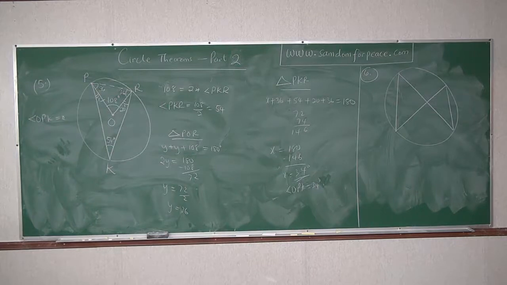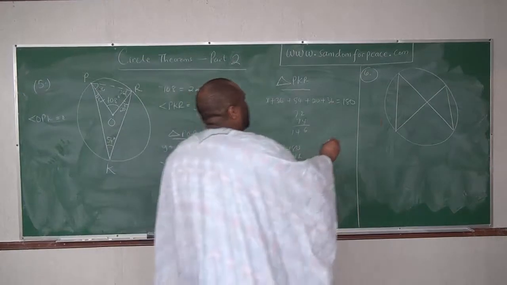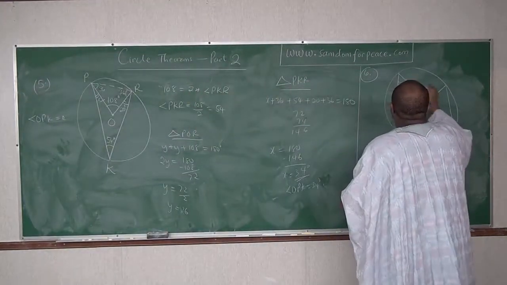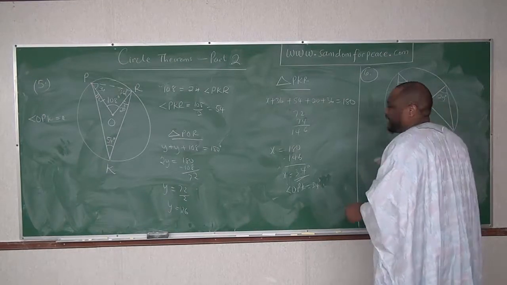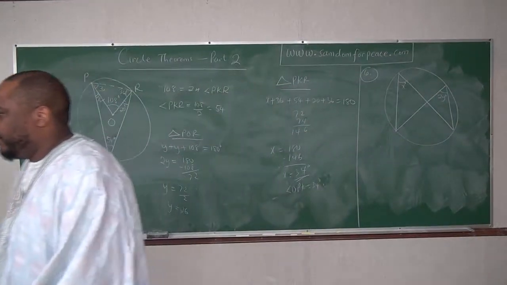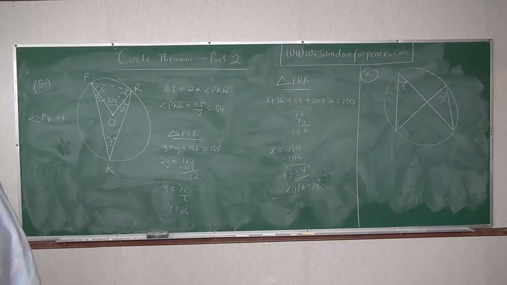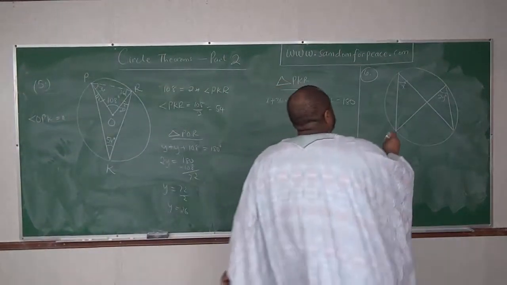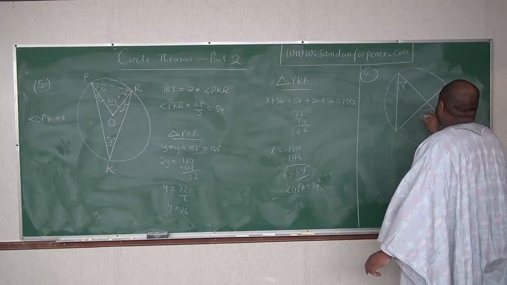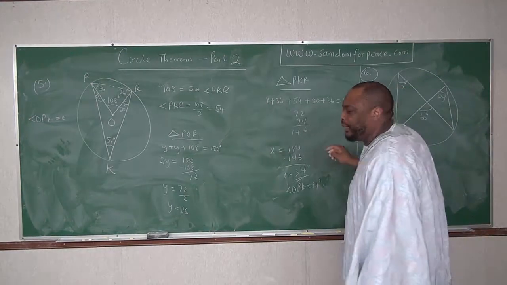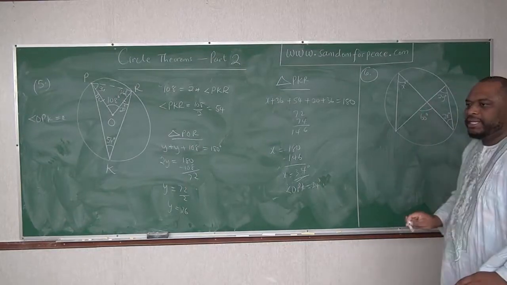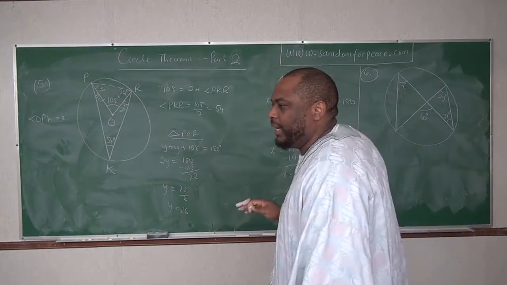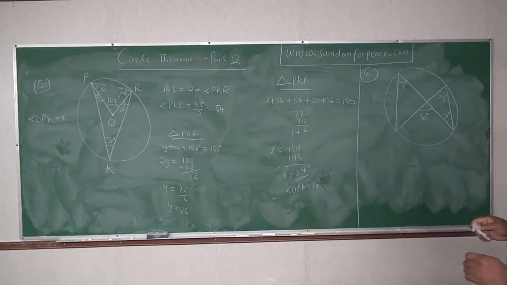That's 60. So I have x degrees here, 2y degrees here, 60 degrees, and then 2x degrees here. This is a WASSCE question. They say find the value of y in the diagram.